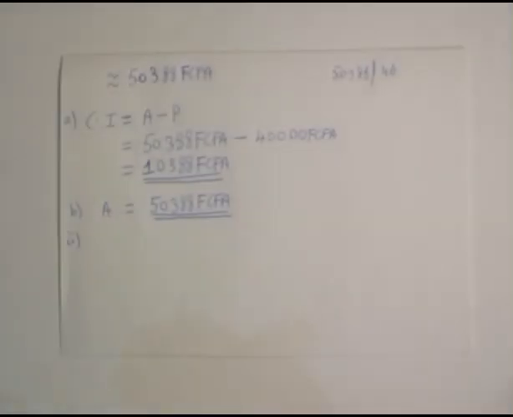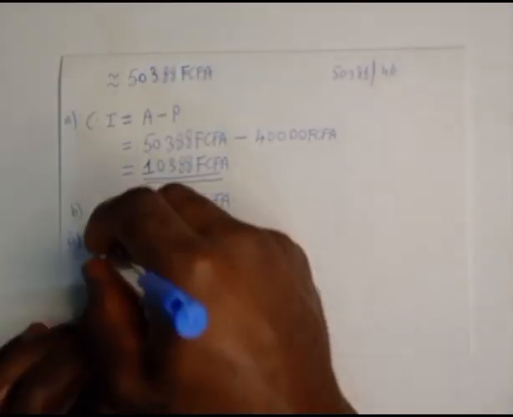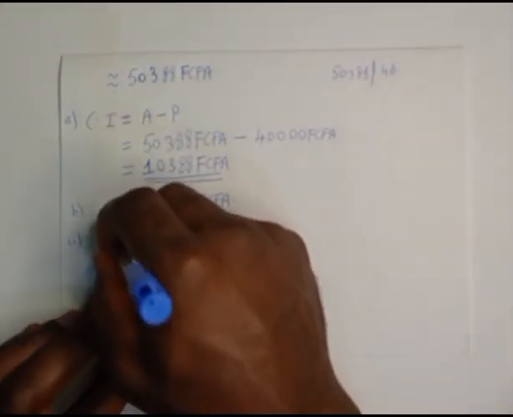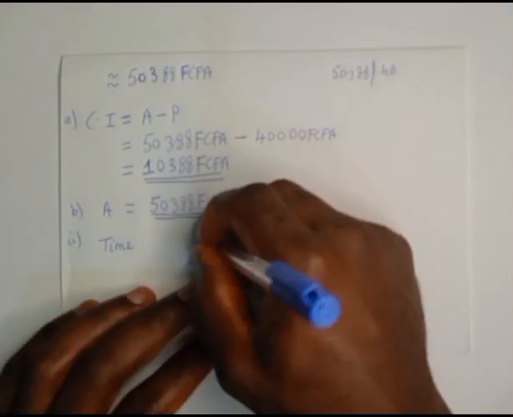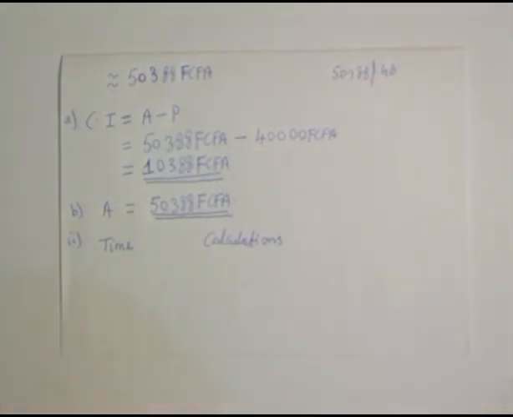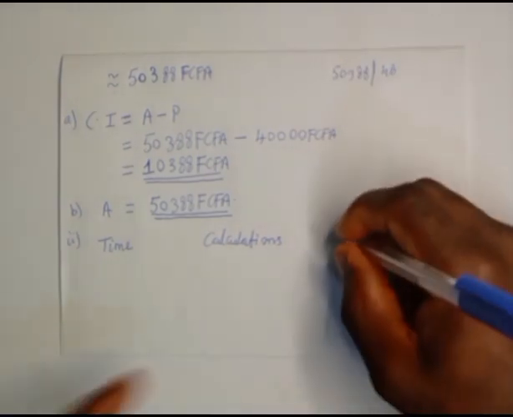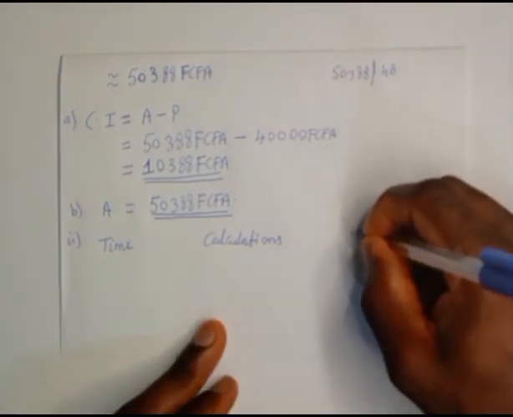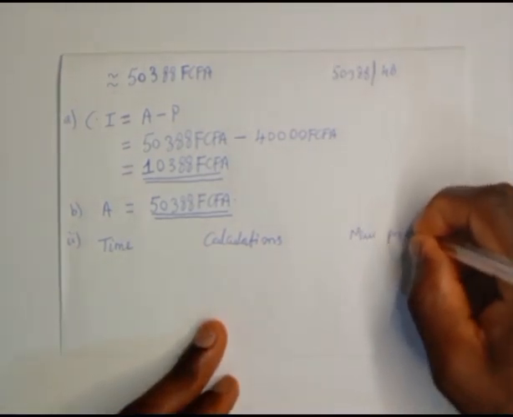Let's answer this one by making use of the tabular method. We have the time. We do our calculations for the interest, then the new principal. These are the things we need.